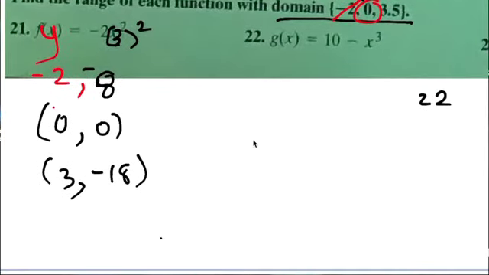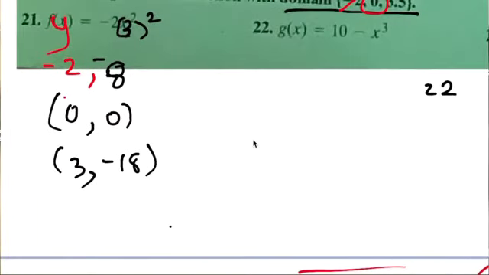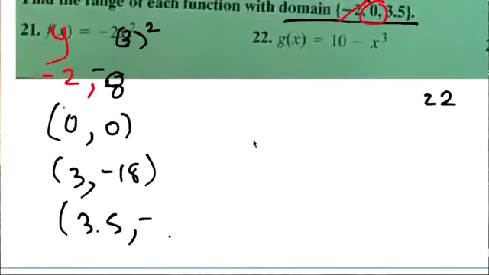If x is 3.5, I don't know offhand what 3.5 squared is. 3.5 times 3.5, 12.25. So subtract that from 10. We get a negative. So if it's 3.5, you get -2.25.